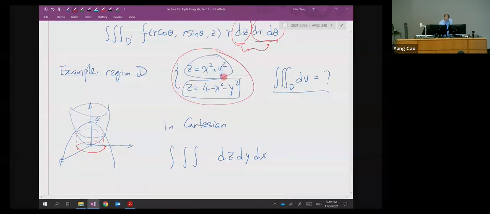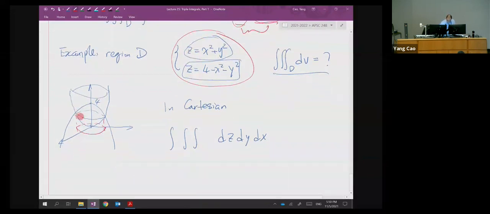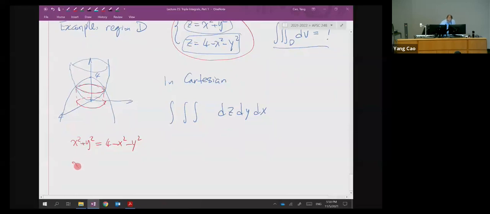So if you look at the two surfaces given here, apparently the two surfaces will intersect. When they intersect, the z value will be the same. So for this part of the intersection, you get x squared plus y squared equal to 4 minus x squared minus y squared. Right, that's the place of intersection. And you simplify this, you get x squared plus y squared equal to 2. And that is a circle.